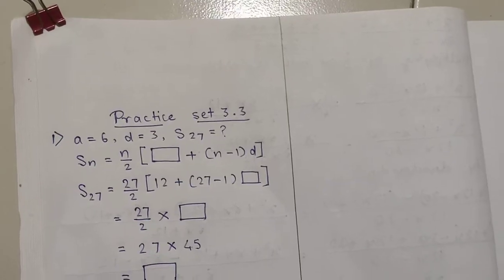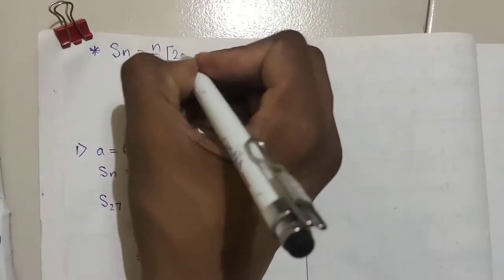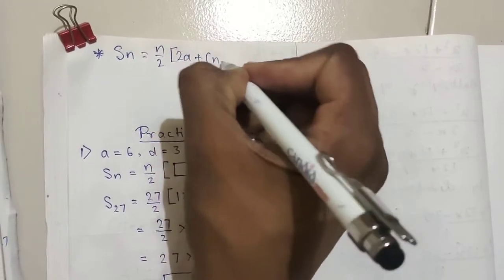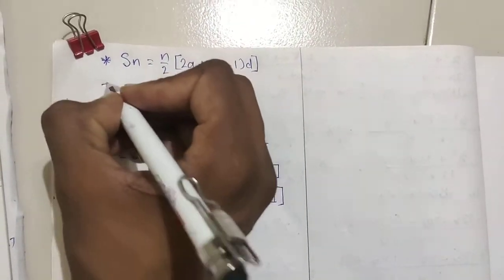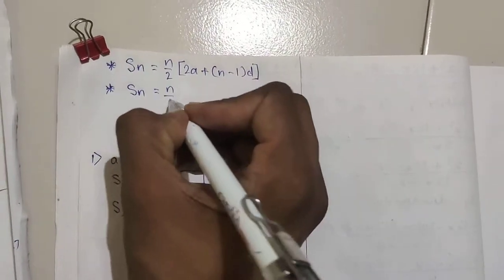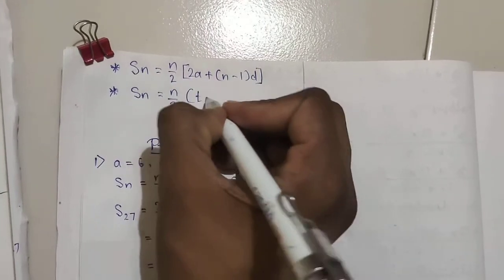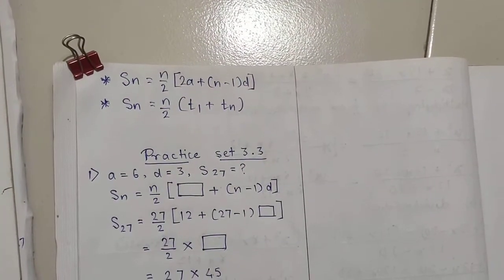Let us start that exercise. For your understanding, I am writing the Sn formula again. Sn is equal to n upon 2 [2a plus (n minus 1) into d]. This is the first formula of Sn. Then one more formula I have given you: Sn is equal to n upon 2 [first term plus last term, that is T1 plus Tn].